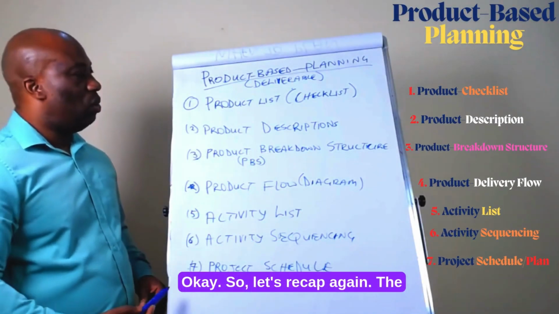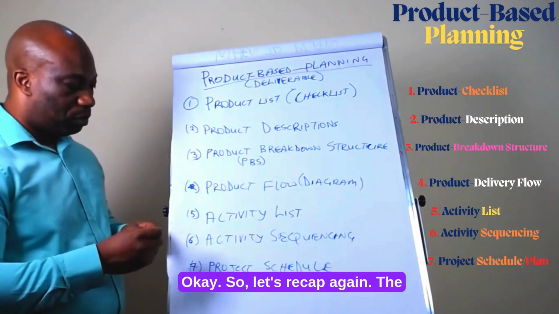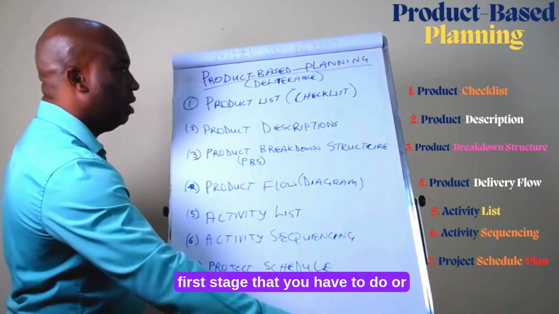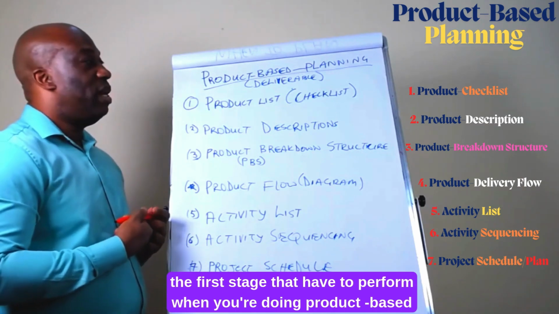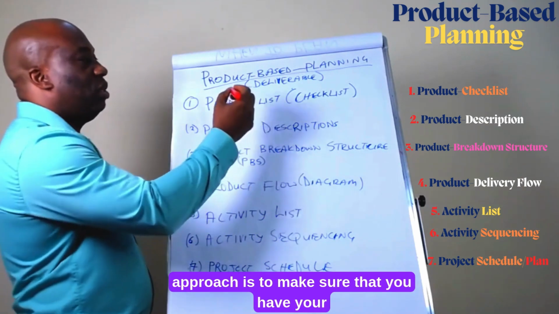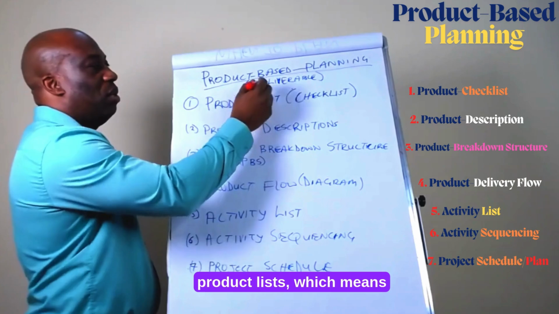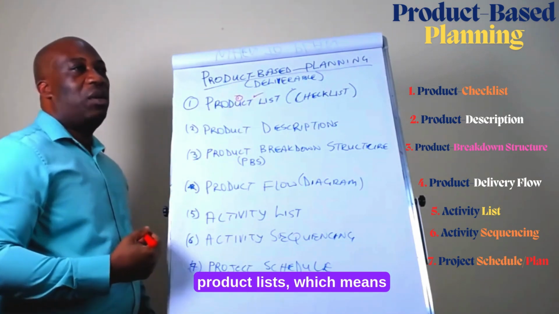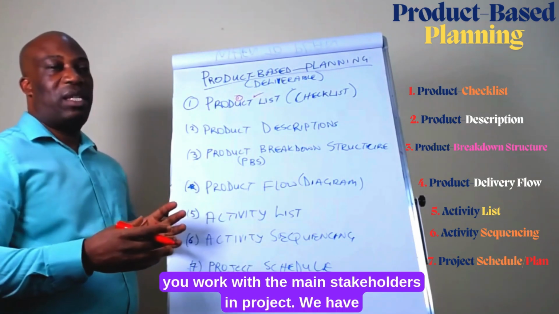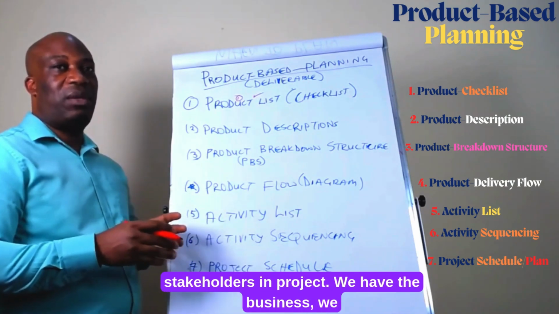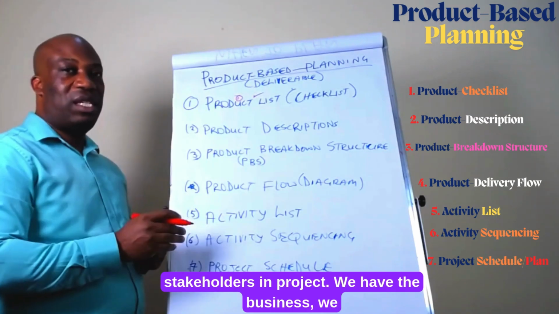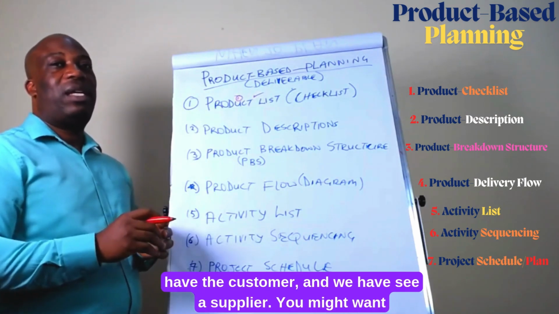Okay. So let's recap again. The first stage that you have to perform when you're doing product-based approach is to make sure that you have your product lists, which means you work with the main stakeholders in the project. We have seen in the previous section of the video that we have 3 main stakeholders in a project. We have the business, we have the customer, and we have the supplier.